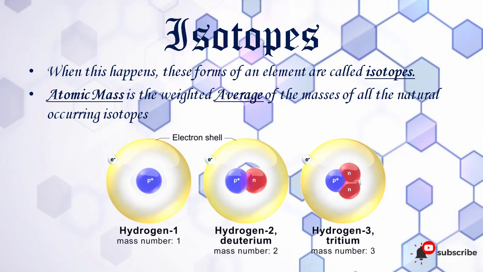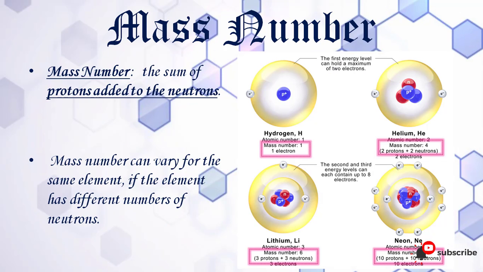Now coming to the last definition of our topic, which is isotopes. What are isotopes? The mass number can vary in the same element if the atoms have a different number of neutrons.